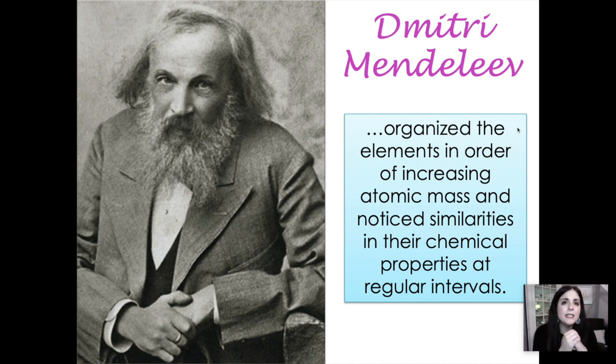And when he did that, he noticed similarities in these elements as he would start to organize them. So some of the elements would start to group together, and he would find that they would have similar properties as atomic mass increased. Hopefully you started to see that in that dry lab we did the other day.